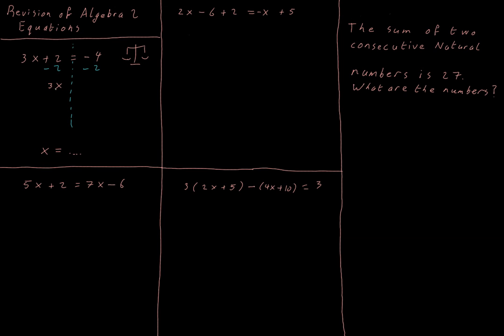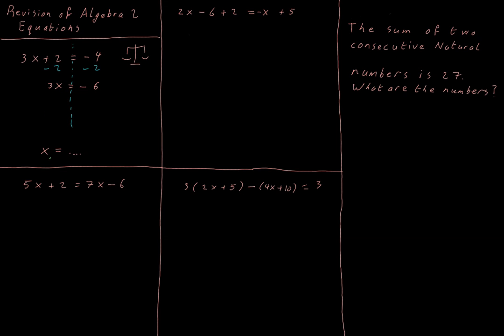I have no numbers by themselves on the left-hand side. And now I have minus 4 minus 2 is minus 6. So I've made progress now. I now only have numbers on the right-hand side, and I have stuff involving x on the left-hand side.